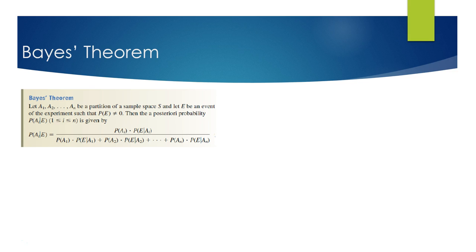If I want to do the probability of A, any one of those A's given E, what I would have to do is first figure out what the probability of A in general is, times the probability of E given A, which is often something that's a little easier done. And then I would have to take each one of those sub-probabilities, probability of A1 times the probability of E given A1, plus the probability of A2 times the probability of E given that A2 has occurred.